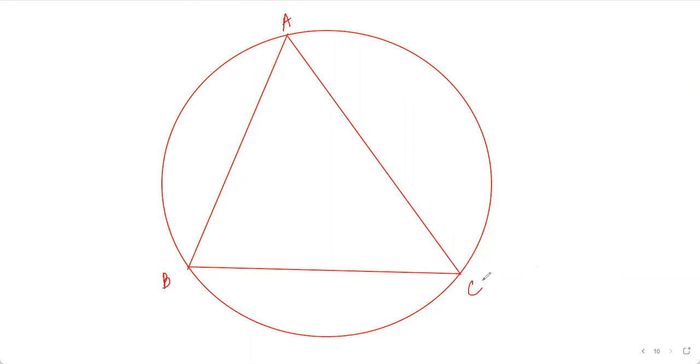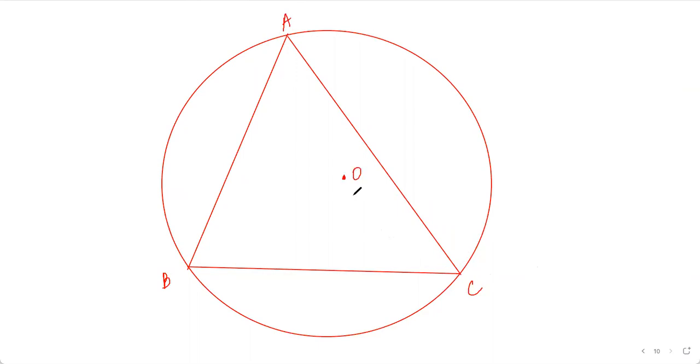ABC is a triangle. So ABC is an acute angle triangle, okay? And O is the circumcenter of this circle.